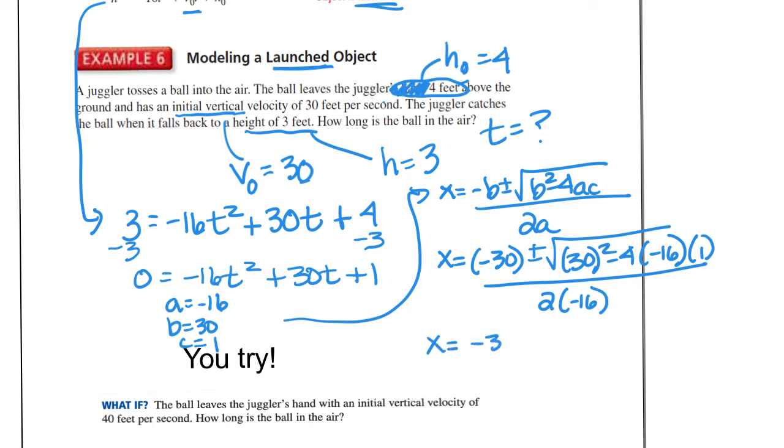So x equals negative 30 plus or minus, that is 900 plus 64 over negative 32. And I don't have my calculator right here, you guys, but if I were to do it, in fact, I'm going to pause and get those two answers so I can tell you what the answer is.